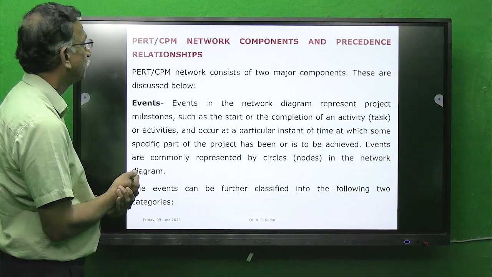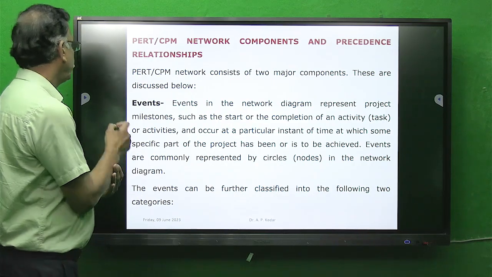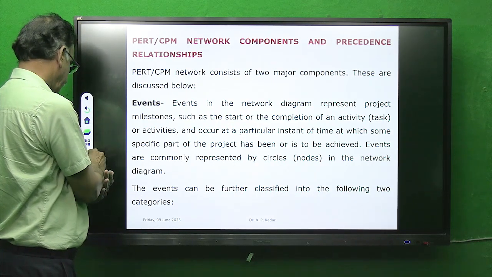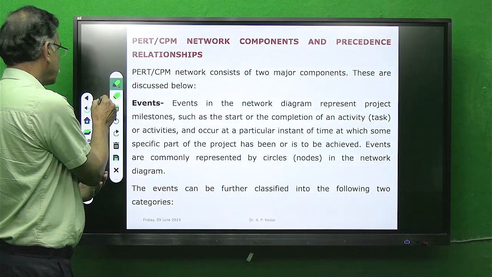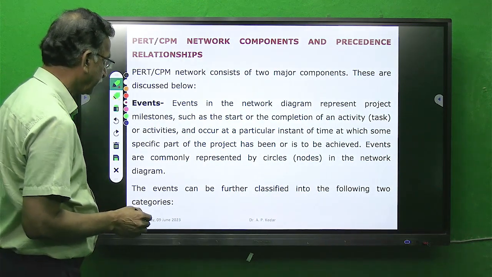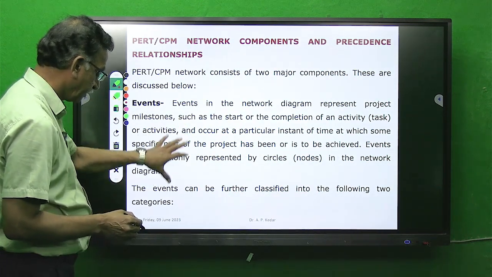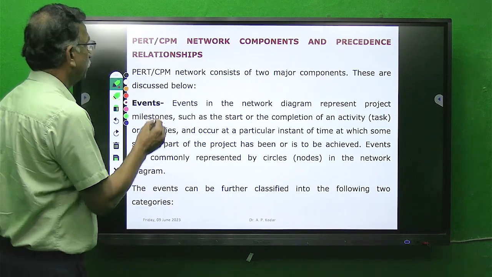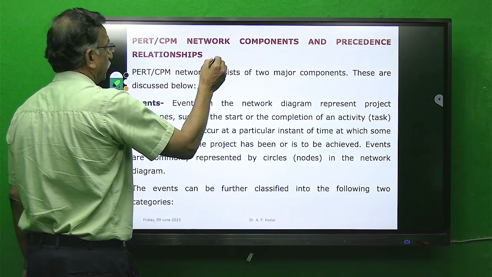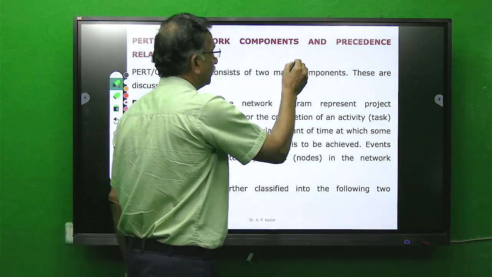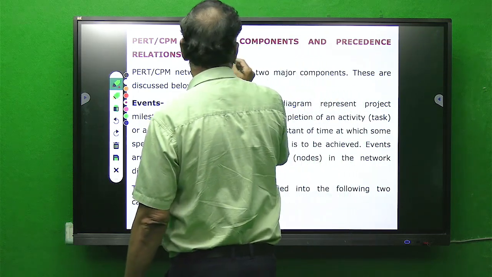Now PERT CPM network components and precedence relationship. This is explained, but I will give the gist of it.